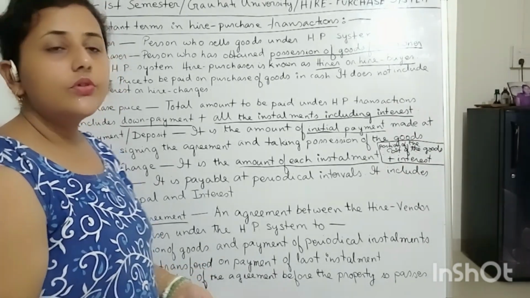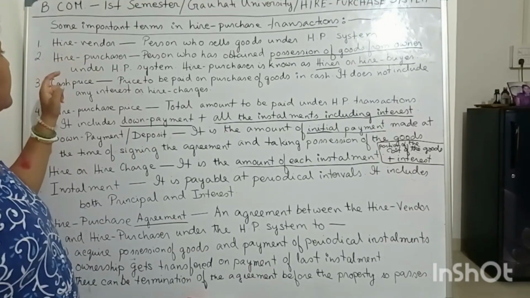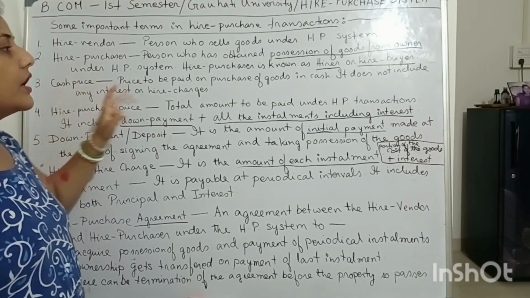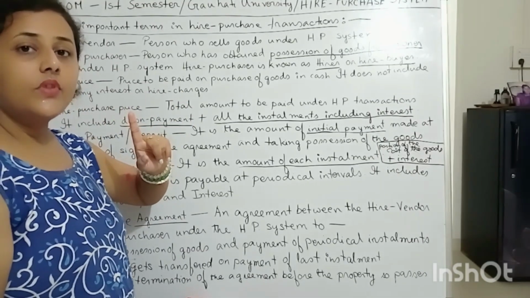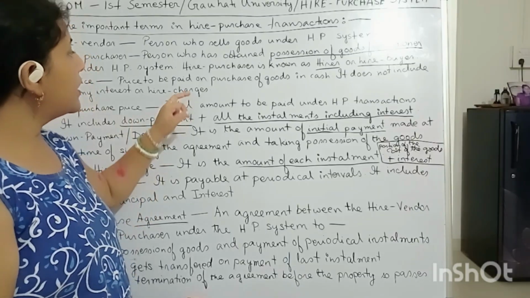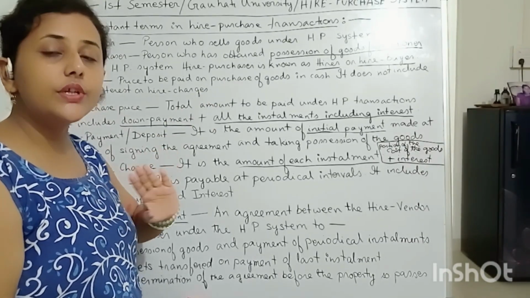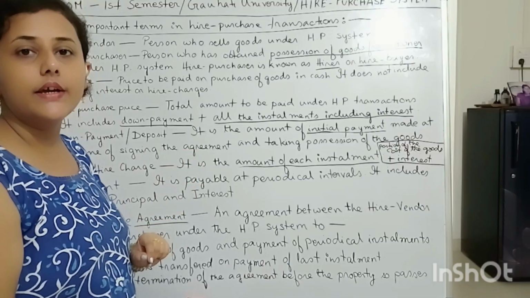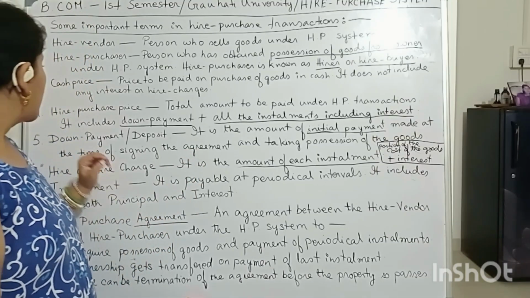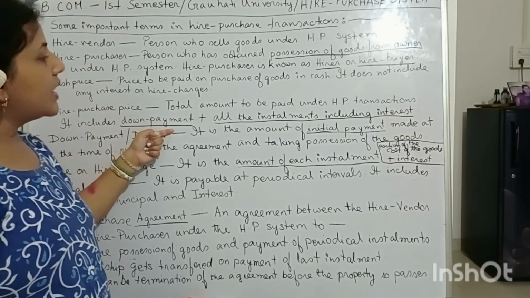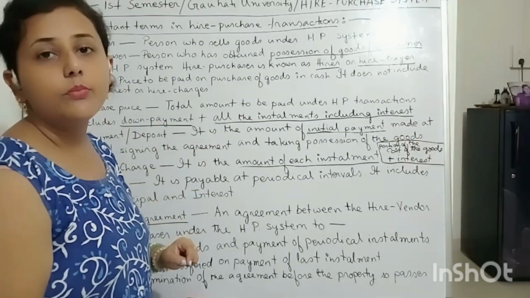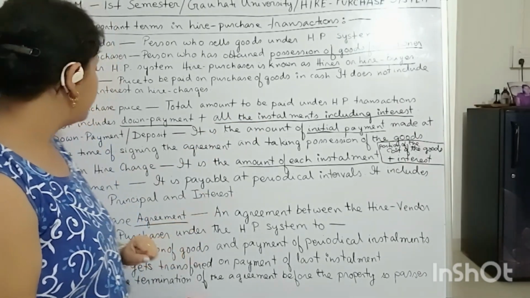So you have understood what is hire vendor, what is hire purchaser, and cash price, the cash price of the goods. Just remember that it will not include any interest or any other hire charges. Hire purchase price is the down payment plus all the installments including interest.